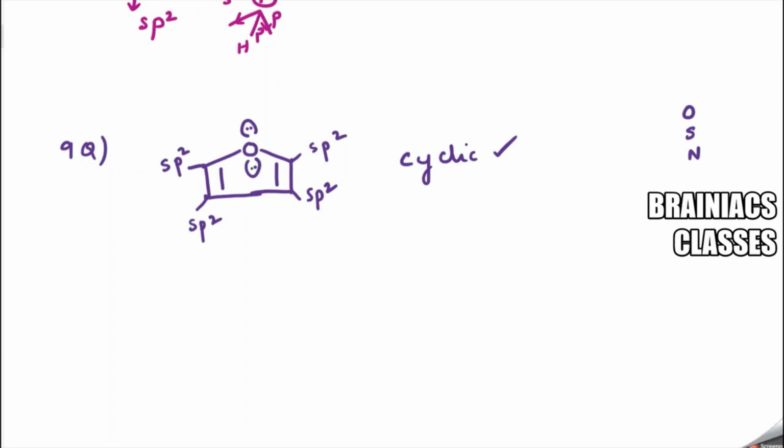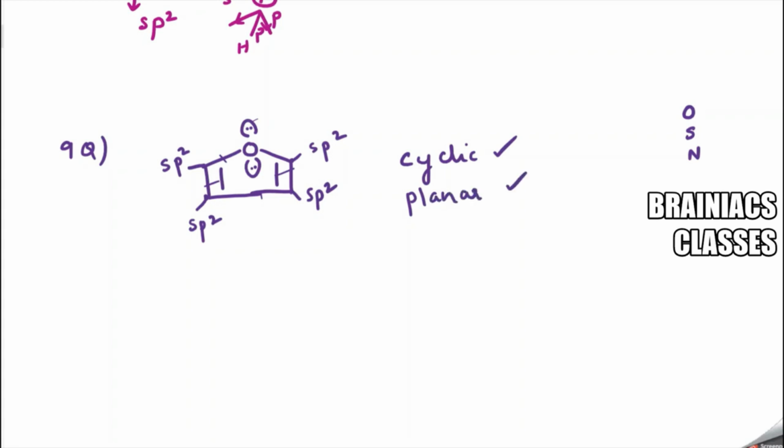And now the important question here is whether the two lone pairs will enter into resonance. No, because for conjugation there is double bond, single bond, double bond, single bond. Only one lone pair should be entering, and please count only that lone pair for the 4n plus 2 pi electron rule. And don't consider the hybridization of oxygen, consider only the hybridization of the carbon atoms. So this is planar, correct?